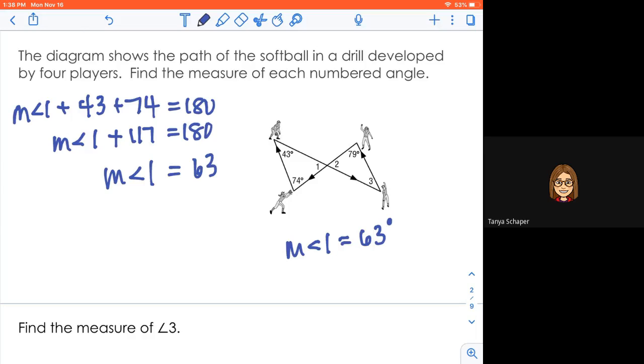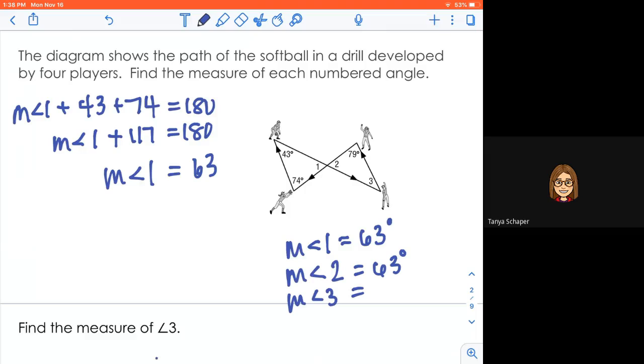Because angle 1 and angle 2 are vertical angles, we can use the vertical angles theorem that we learned in first quarter to state that angle 1 and angle 2 have the same measure. So the measure of angle 2 is also equal to 63 degrees. Then to find the measure of angle 3, we substitute that in.